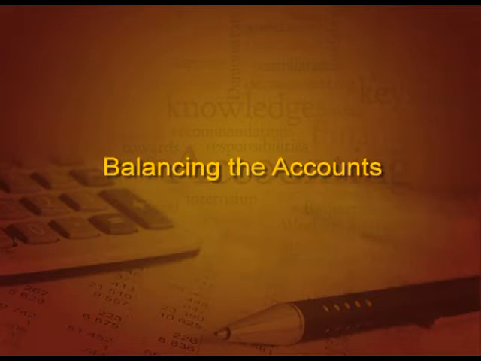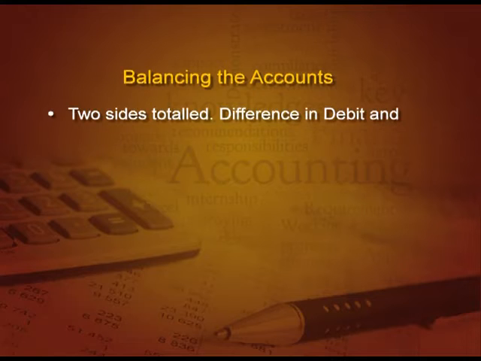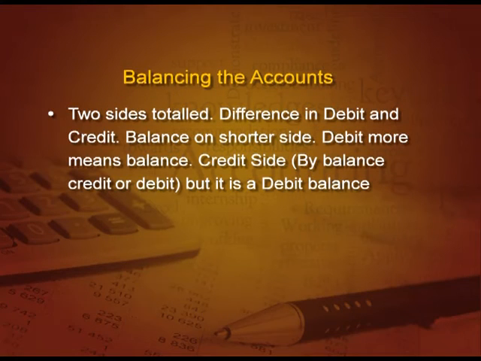So, the last topic in this section is balancing the accounts. The two sides are totaled, debit and credit. Then we try to find out the difference, whether it is in debit or credit. The balance on the shorter side is written. Suppose debit is more, then balance will be on credit side, by balance carried down.